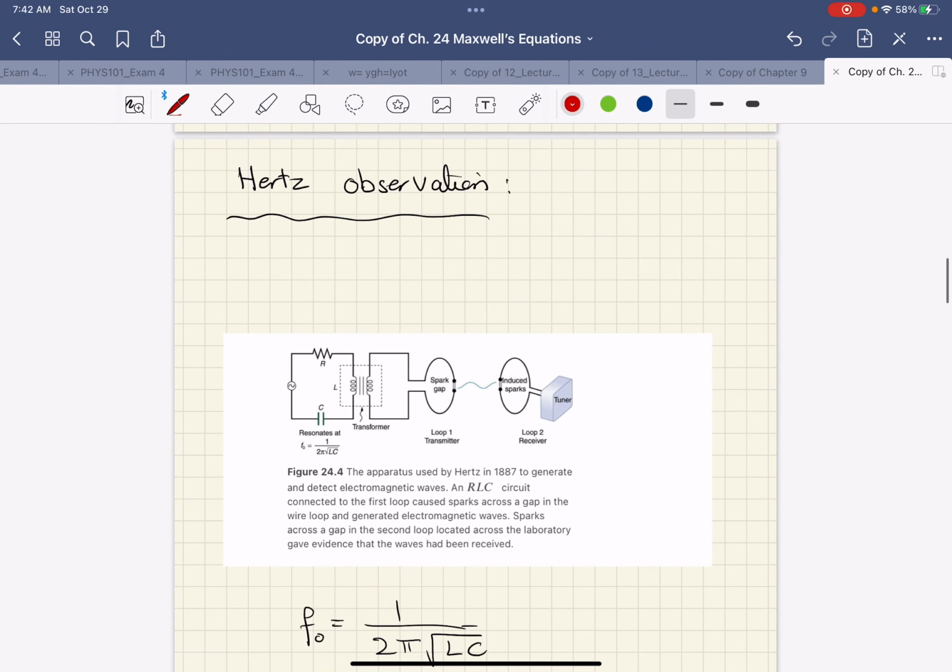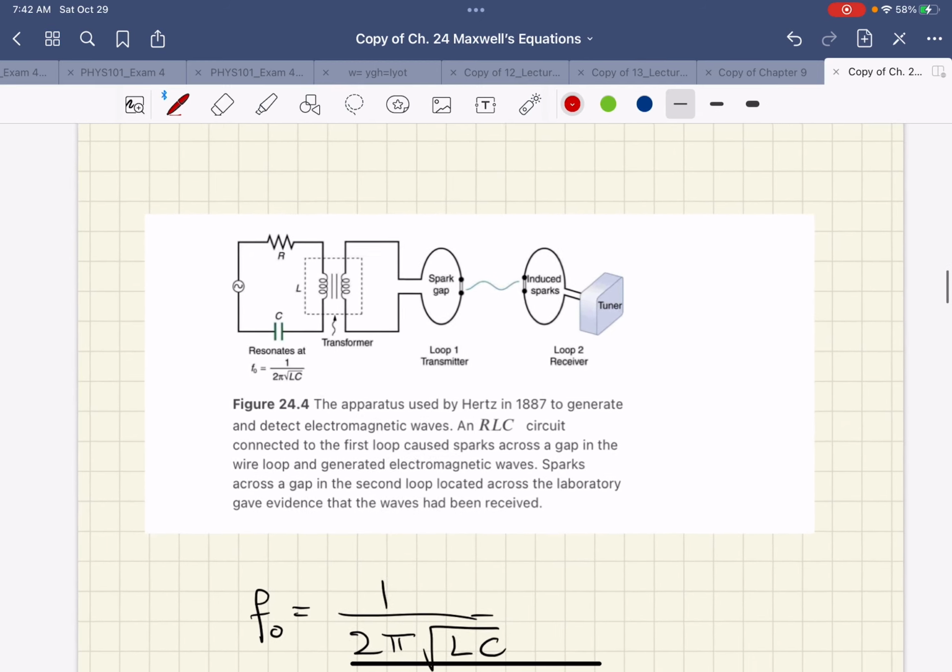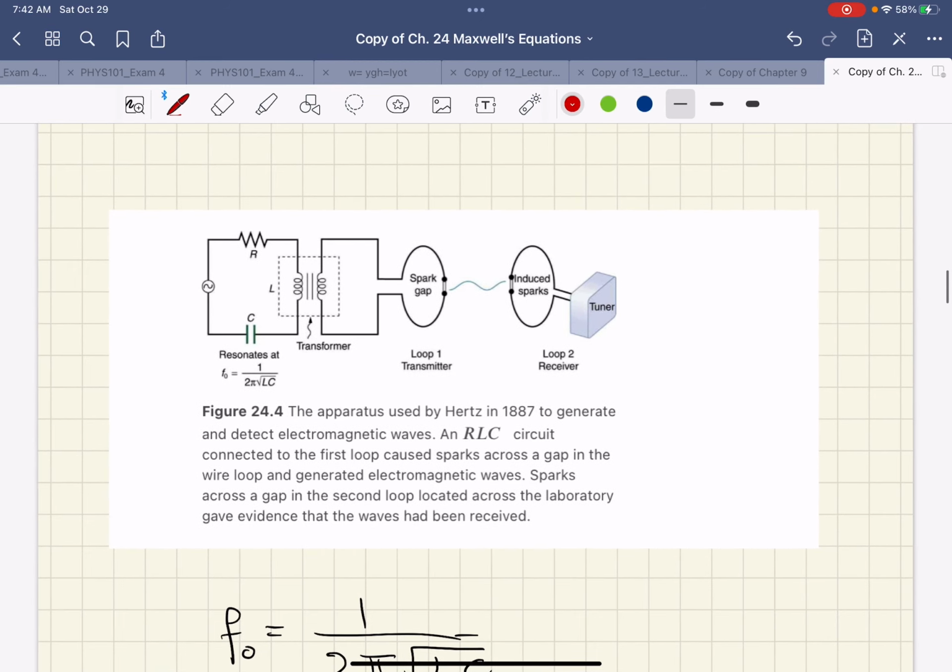Also, there is another scientist, his name is Hertz, and he observed that with this circuit, in 1887, we can generate electromagnetic waves using this device.